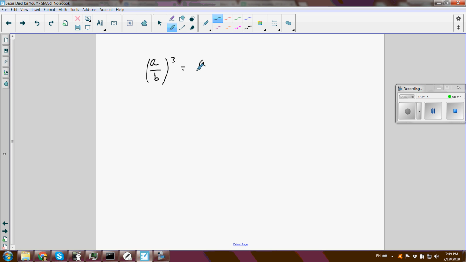That's just a over b times itself 3 times: a over b times a over b times a over b. Well, that's just a times a times a, which is a cubed, over b times b times b, which is b cubed. In other words, this power of 3 applies to the numerator and to the denominator.